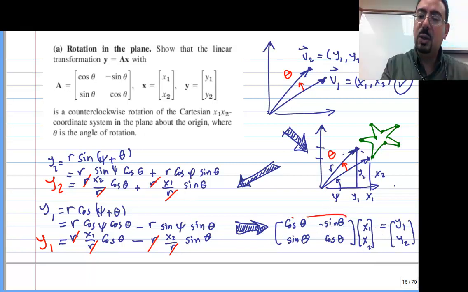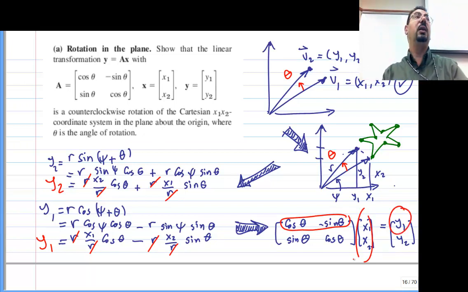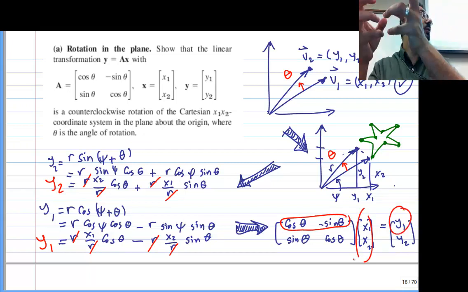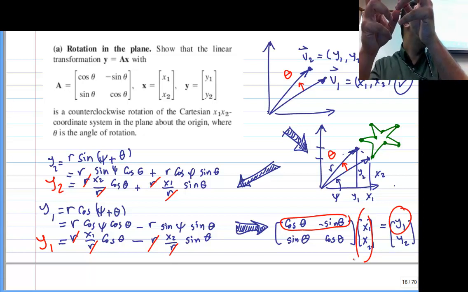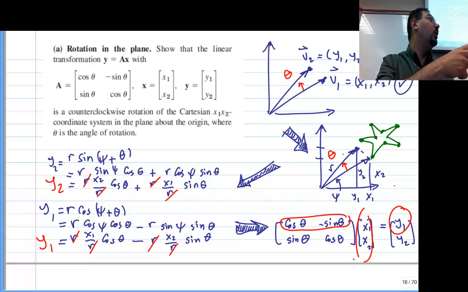All right. So this matrix can turn any point, any x1, x2 vector, into its y1, y2 vector.